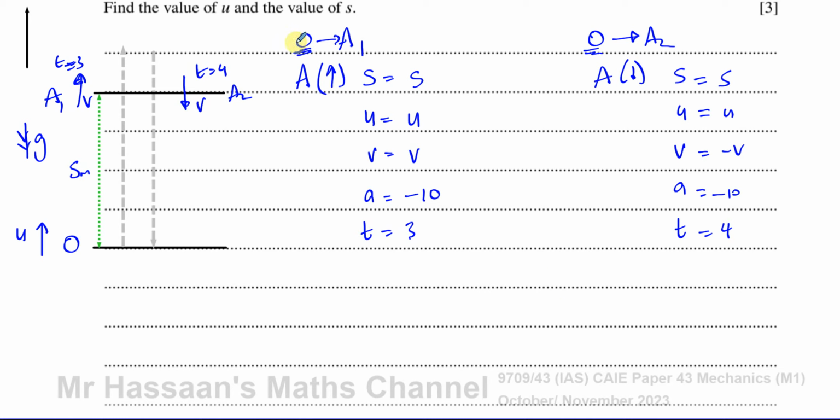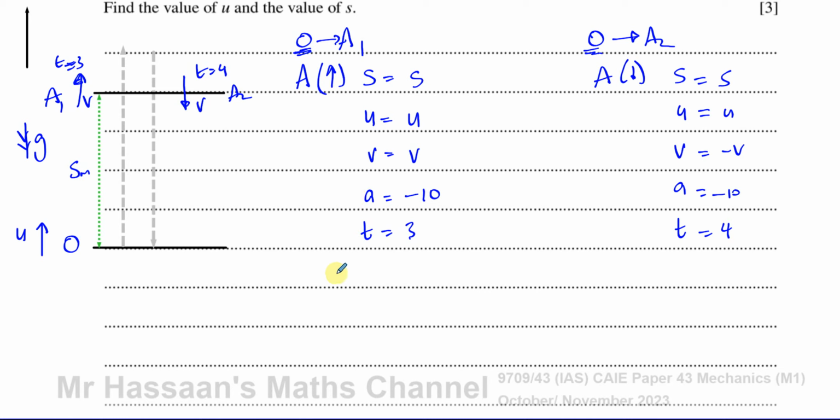It was moving upwards. It started from here. After 3 seconds, it got to there. After 4 seconds, it got to there. So always take the direction it was moving in when it was initially thrown as positive, and that will make everything clear for you. You don't have to do that, but that's what I like to do in my questions.